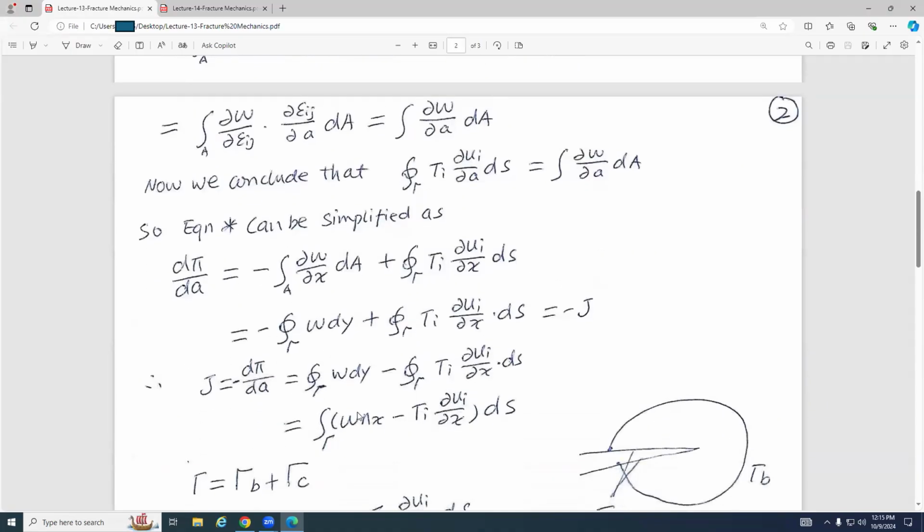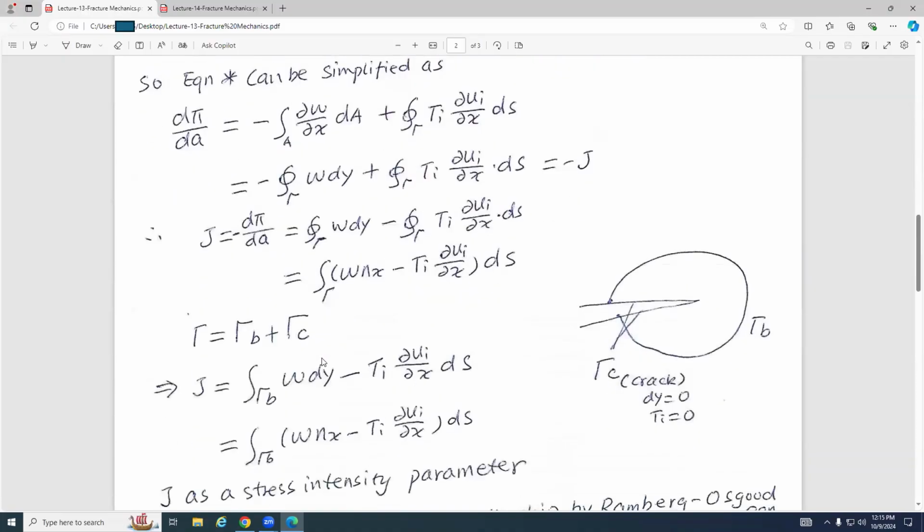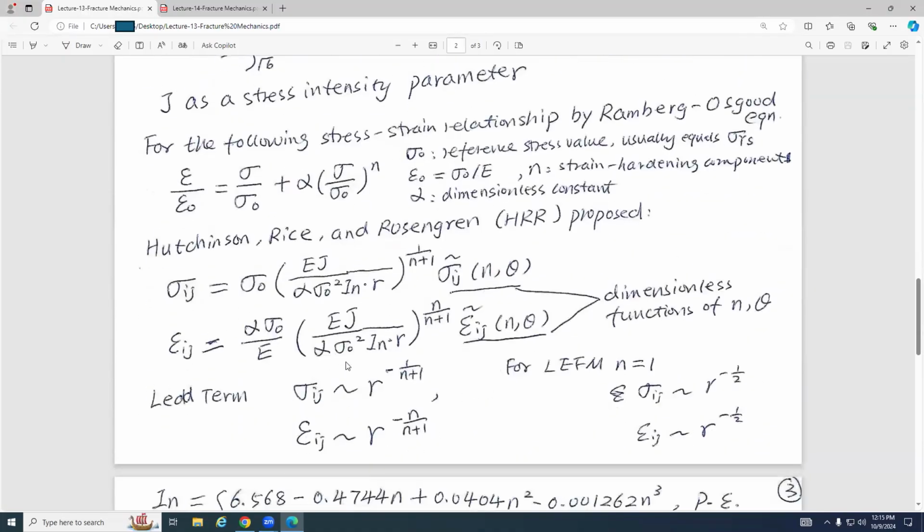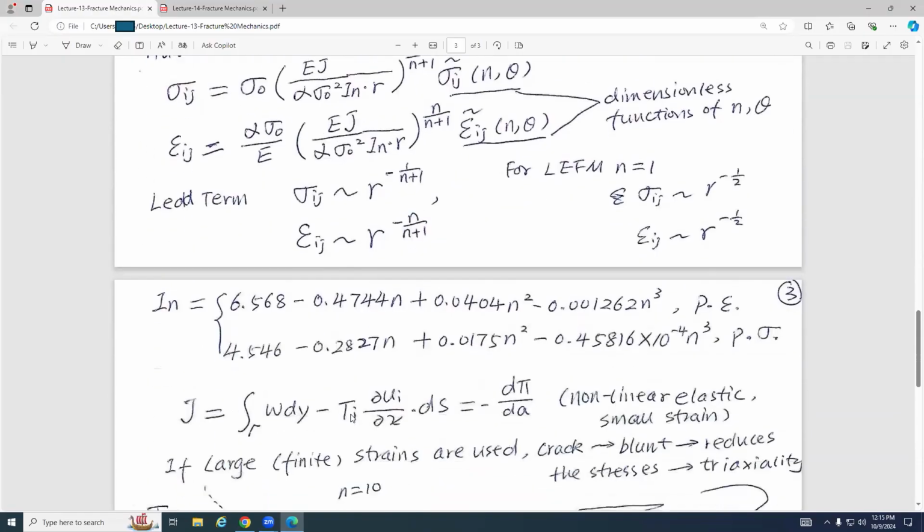Okay, so this is what we talked about yesterday, and then we talked about the HRR. This is a function, and you know that. I will not ask you guys to derive these equations, but you should know what is singular and what is non-singular, and why it is non-singular.